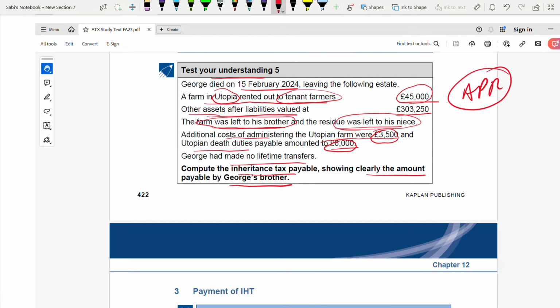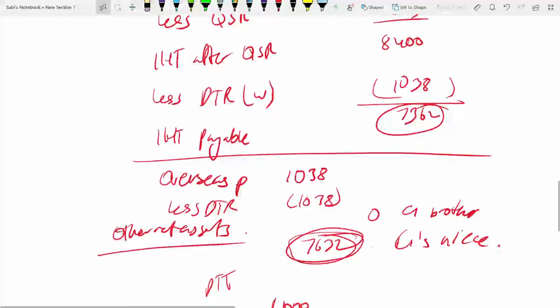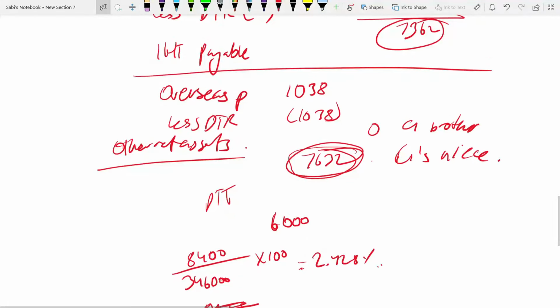That's why we have already got the UK IHT rate, 2.428%. Don't waste time calculating again. What are the other assets? 303,250. You will still get 7,362. Try it and check, which George's niece will pay.